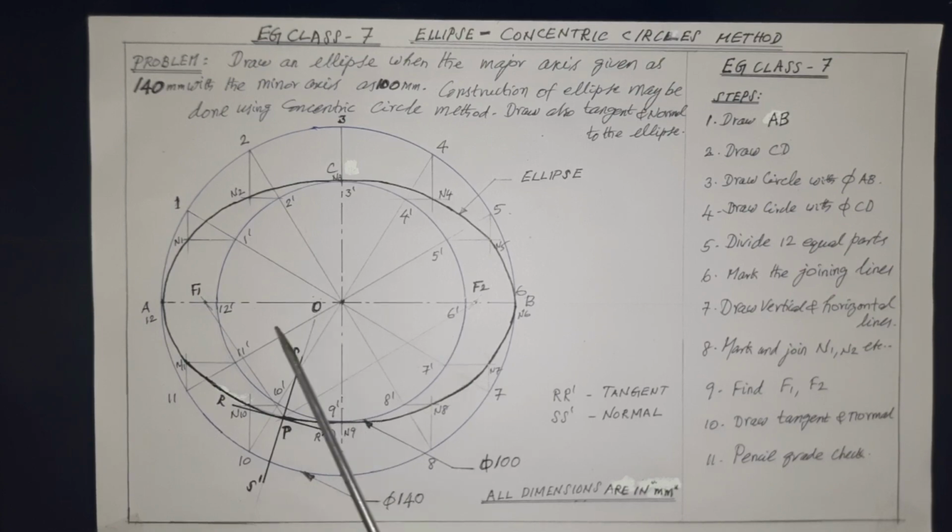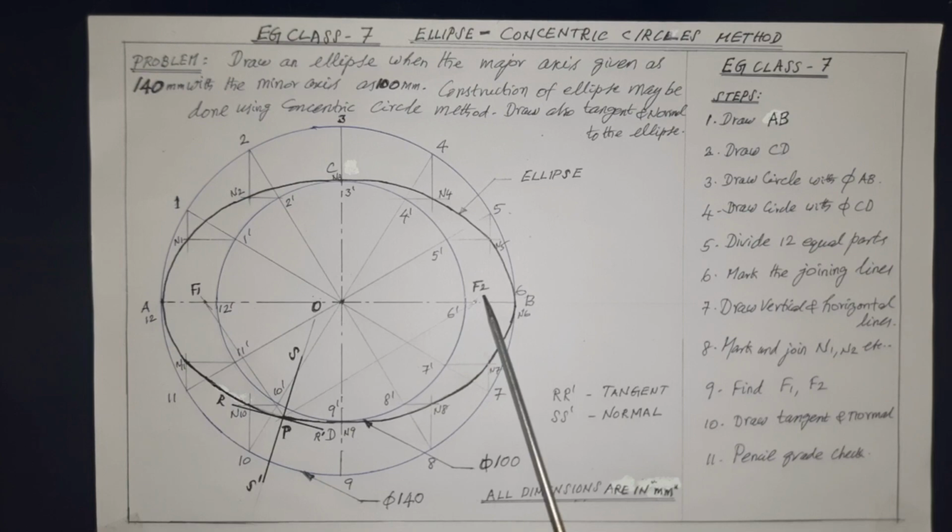For this, the theory with these two axes referring to the figure is: major axis divided by 2, that is the radius of the major axis, equals CF1 equals CF2. That is the theory. F1 and F2 are foci as shown.